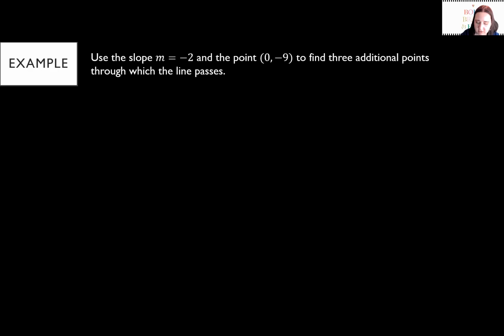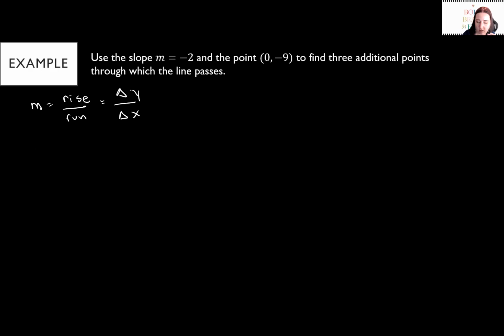So this is where we're using the definition of slope being rise over run, or change in y over change in x. So I use that definition when I'm doing a problem like this.